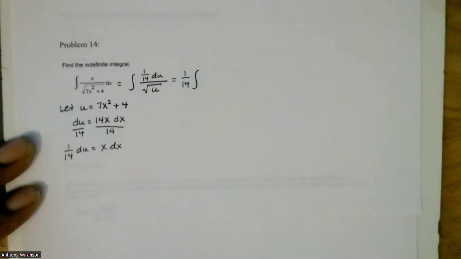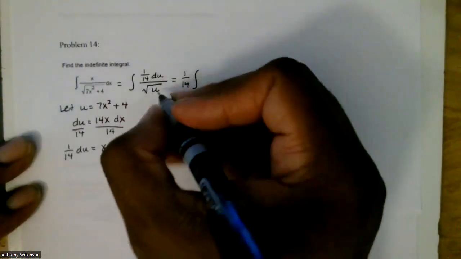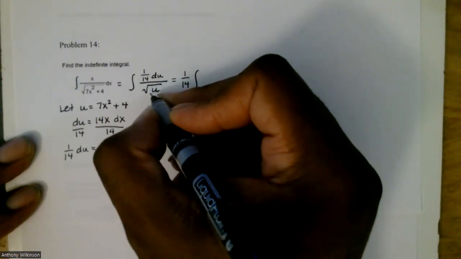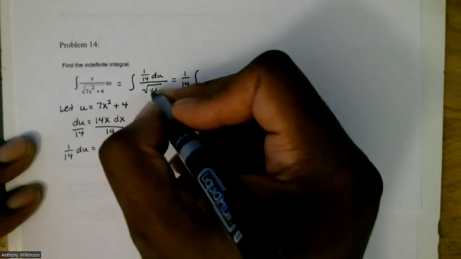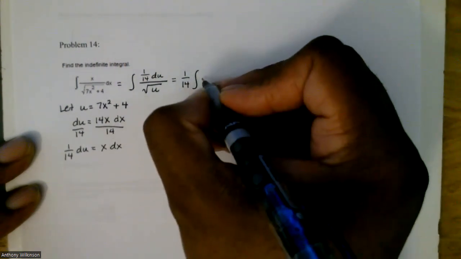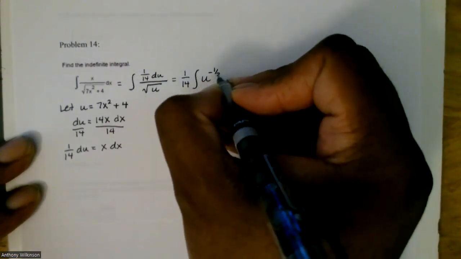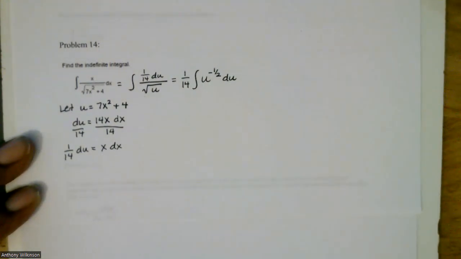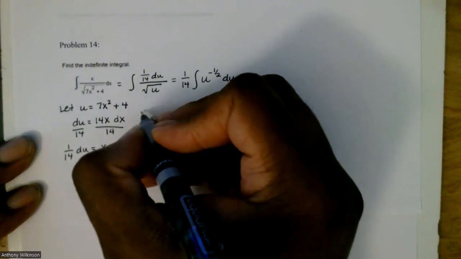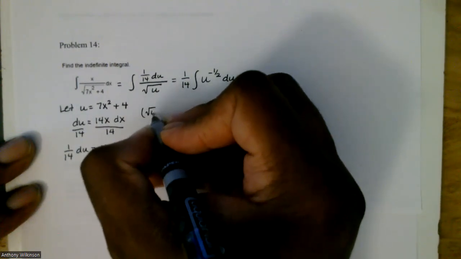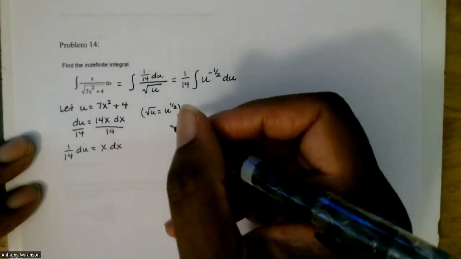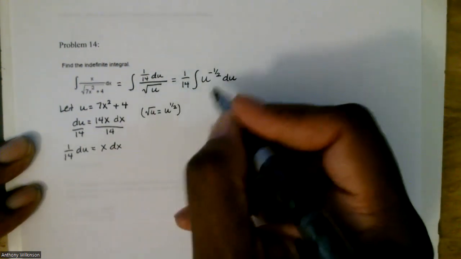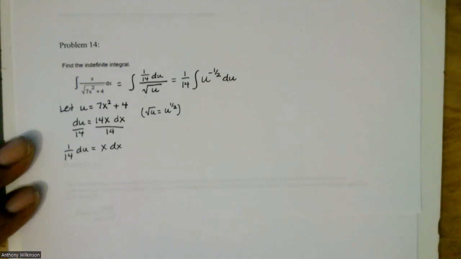So this will be 1/14 times the integral of. Now, the square root of u in its exponential form will be u to the 1/2. But when I pull it out of the denominator, it will be u to the -1/2 times du. So keep in mind, the square root of u in exponential form is u to the 1/2 power, but it's in the denominator, so I'm taking it out. It would be u to the -1/2.